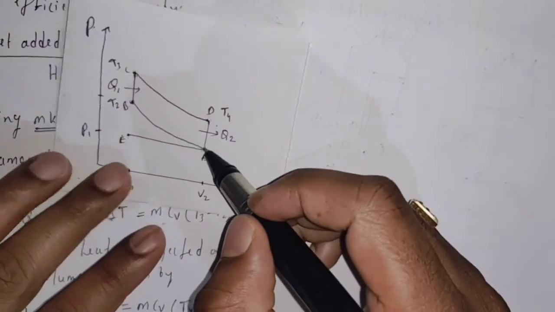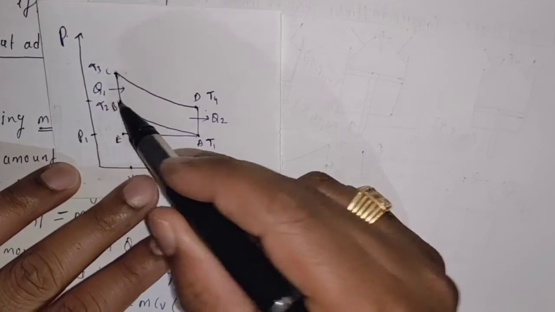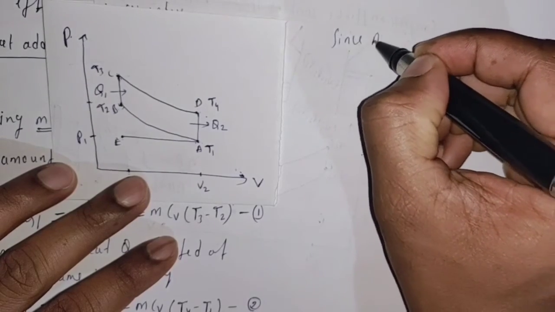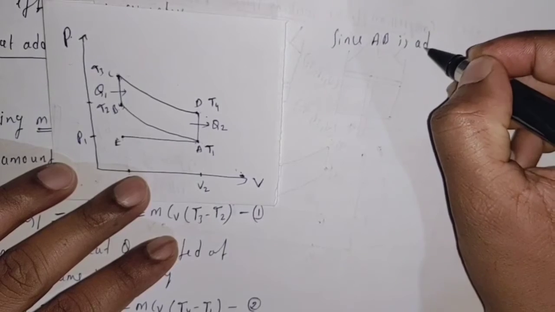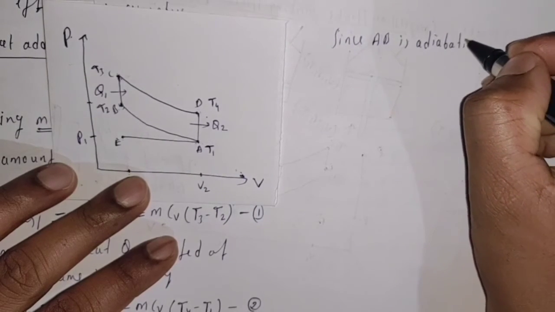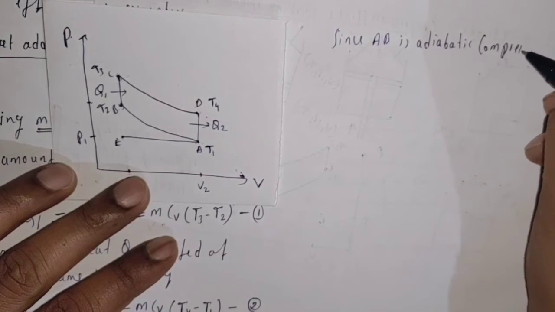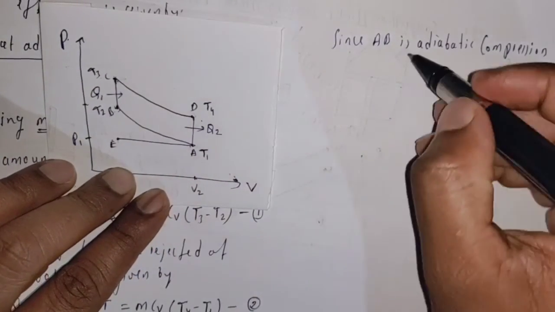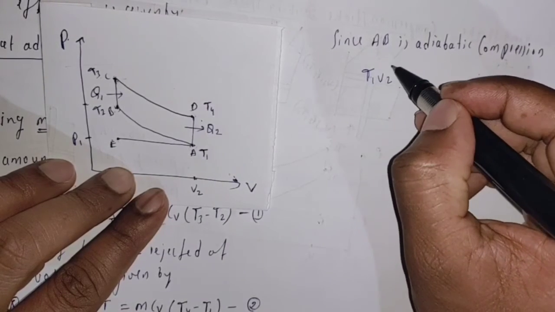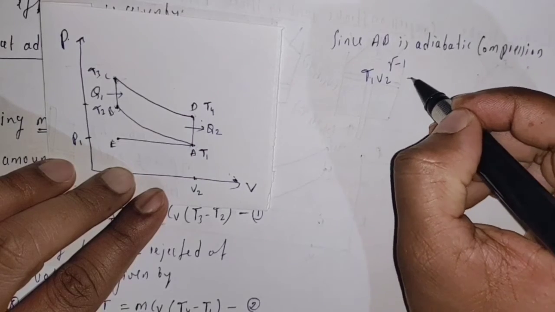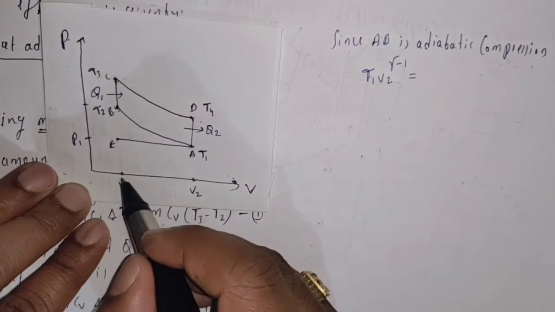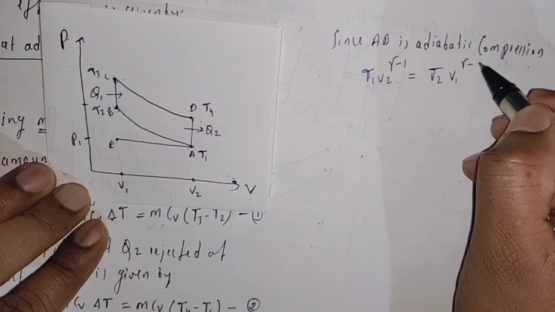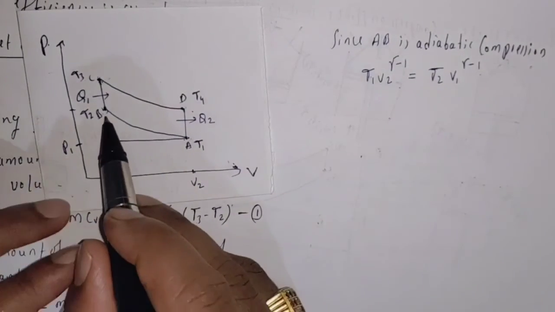And here, since AB is the adiabatic compression, we can write its equation as T1 V2 power gamma minus 1 is equal to T2 into V1 power gamma minus 1. This is the equation for the adiabatic compression.